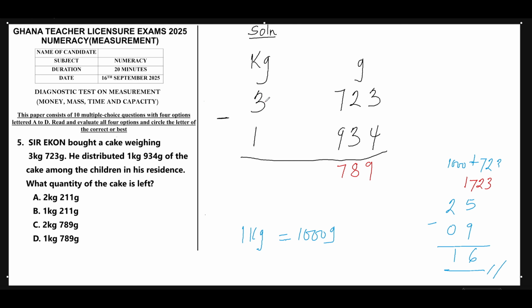Remember, we have already borrowed 1 from 3, so we are left with 2. And then 2 minus 1 is 1. So our final result will be 1 kilogram 789 grams. The right answer is option D.